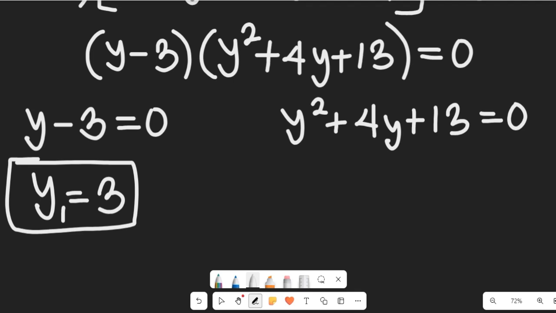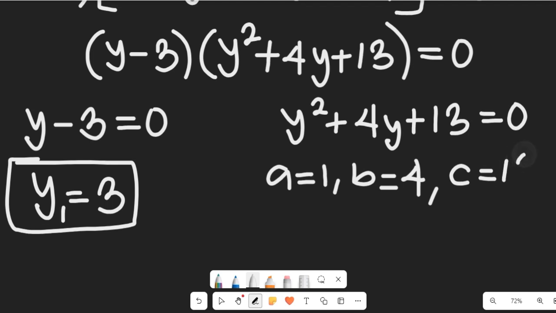So we're going to look at y squared and then look at how we can use the quadratic formula in getting the other two solutions. From here, we see that A is equal to 1, B is equal to 4, and then C is equal to 13.